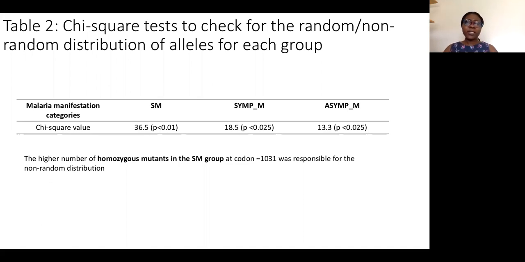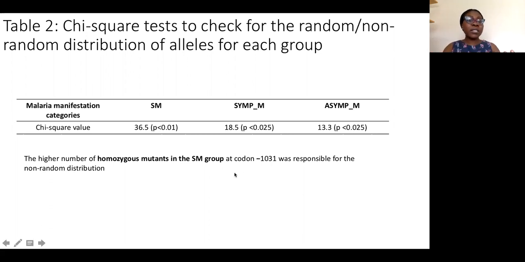So what we are saying here is that it doesn't just occur randomly and then we say, oh, it's by chance. No, it's a non-random distribution. And this means here that it is actually impacting on how the disease progresses. It actually has to do with natural selection.